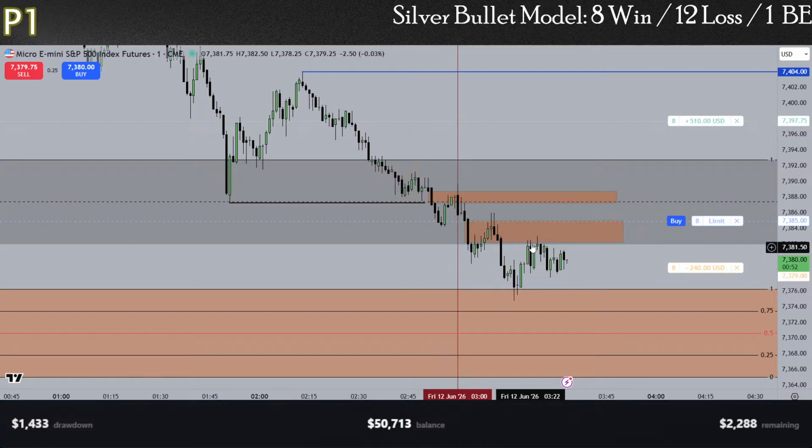Alright, so interesting how we are consolidating between those VD arrays. Just marking time, not much behind that.